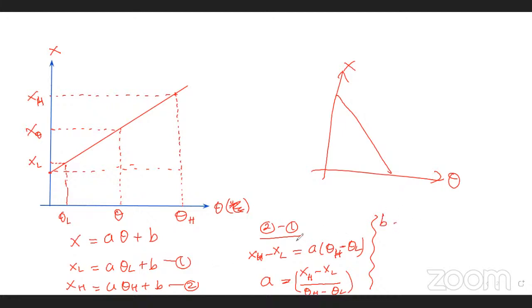B you can write, from equation 1, as XL minus A theta L. And the value of A you can substitute. So I will find it, right? So this value of B, simplify and get the value.